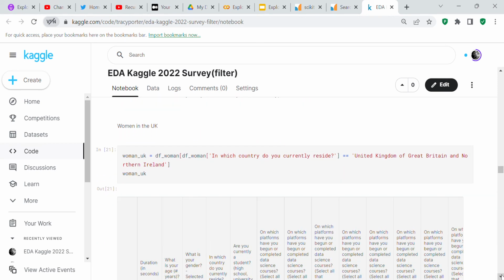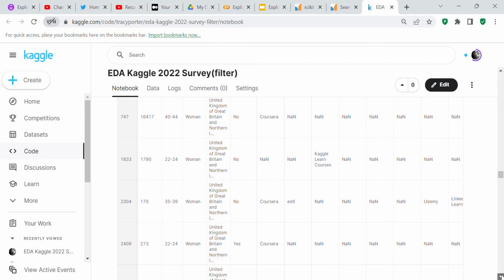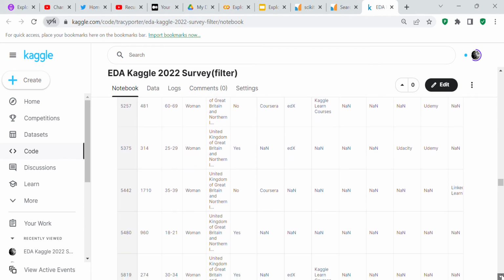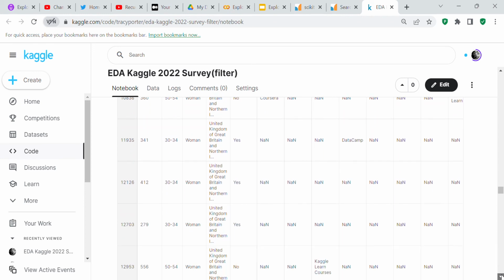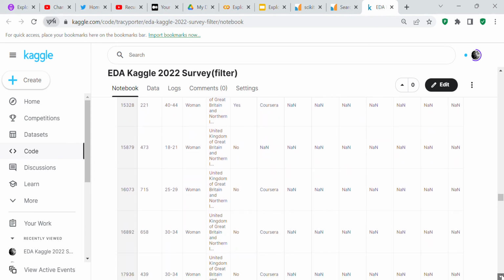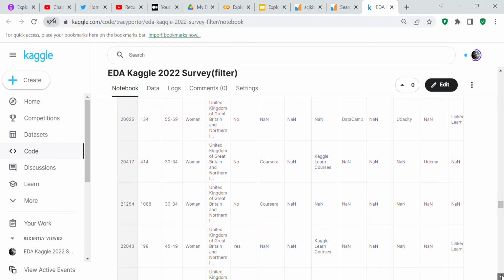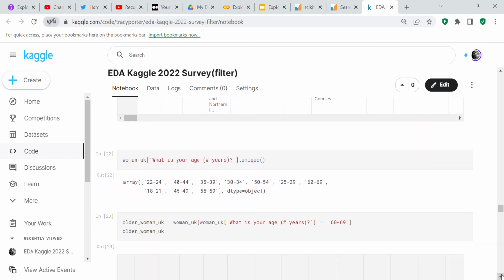So now we're going to look at women in the UK. We want to see the unique values for women in the UK, and one thing you'll notice is that the age group 70 plus is missing.